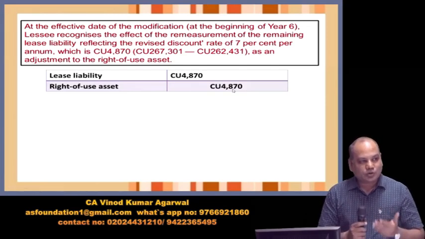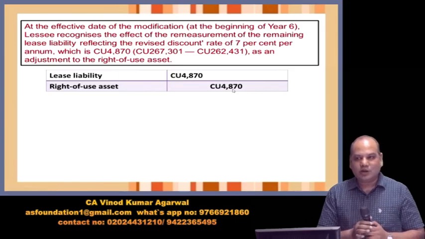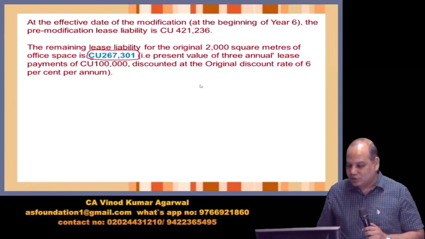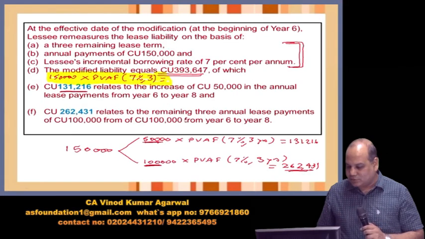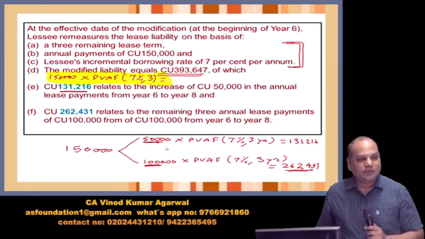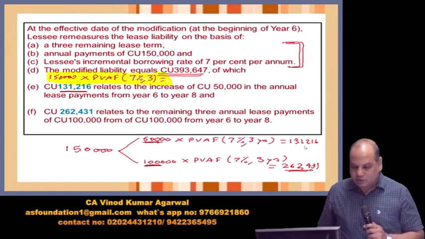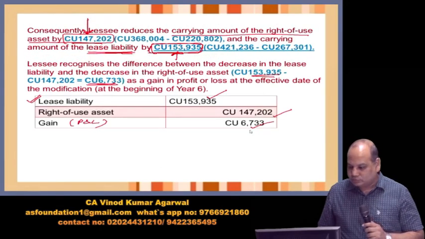But if there is a scope increase, then calculate additional liability. So again you go to that original question here on the screen. Our scope has increased, so my liability has increased by 50,000 rupees. So 50,000 into present value factor means my additional liability would be 131,216.